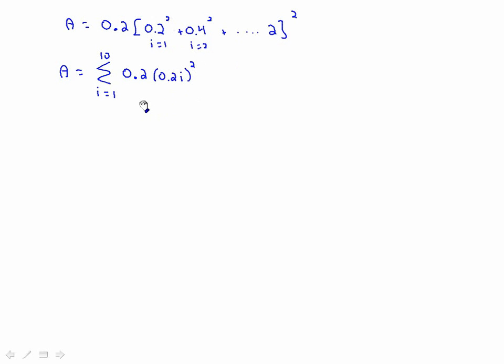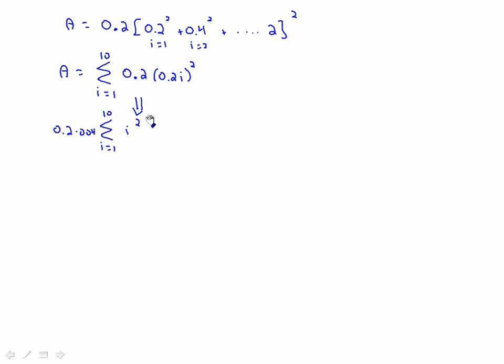And then this is going to take us to I is equal to 1, from 1 to 10. 0.2 can come out, and so can the point. When you square that 0.2, you're going to get 0.04, and then you'll get I squared left.